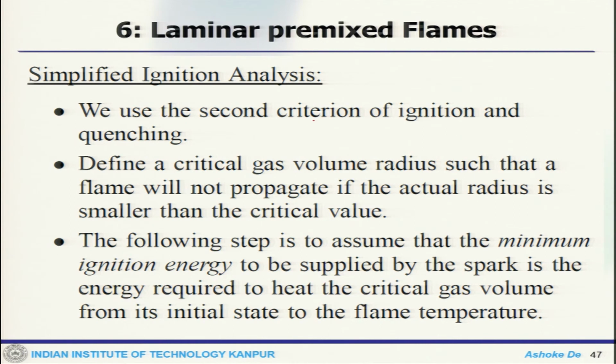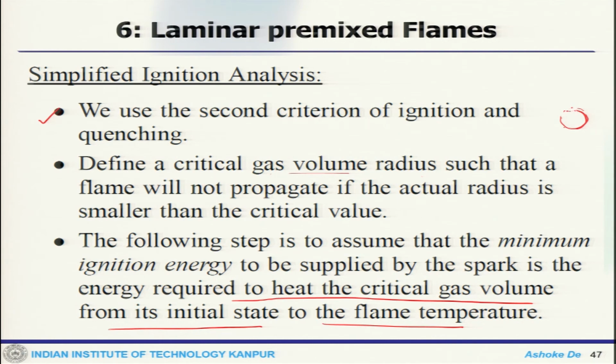Now, how will we go about the simplified ignition analysis? We use the second criterion of ignition and quenching. Then we define a critical gas volume radius such that the flame will not propagate if the actual radius is smaller than it. That means there is a critical radius, below which there will be no flame propagation. So, assume the minimum ignition energy by the spark is the energy required to heat the critical gas volume from its initial state to the flame temperature.